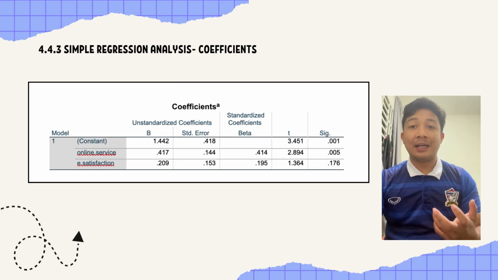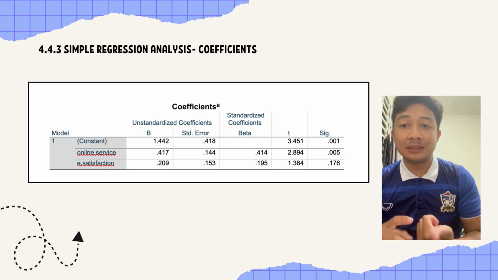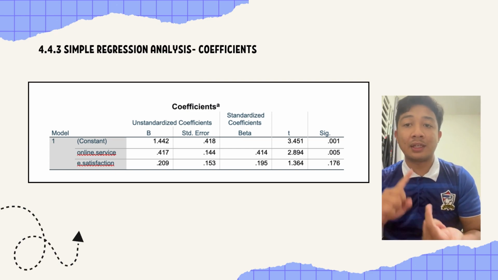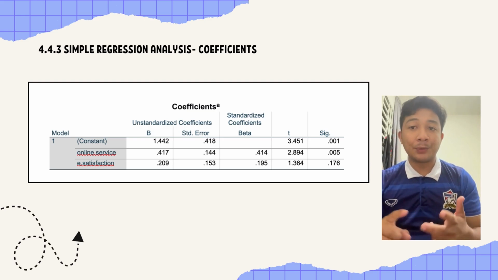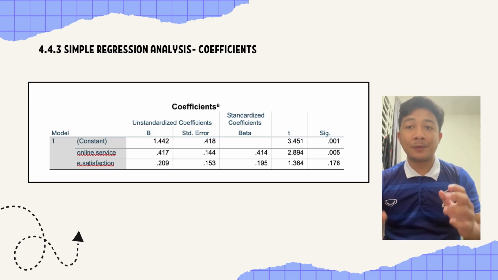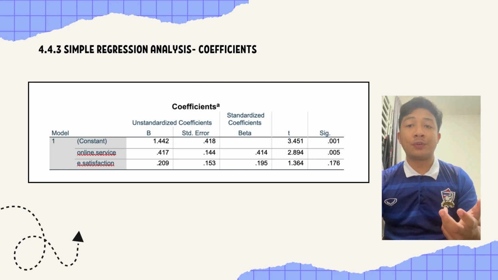Next is simple regression analysis for coefficients. There are three elements, which are constant, online service, and satisfaction. We can see for unstandardized B, the highest one is the constant, which is 1.442.